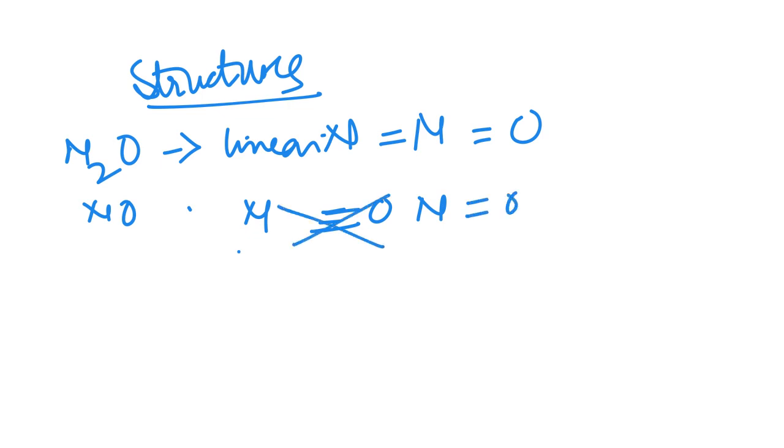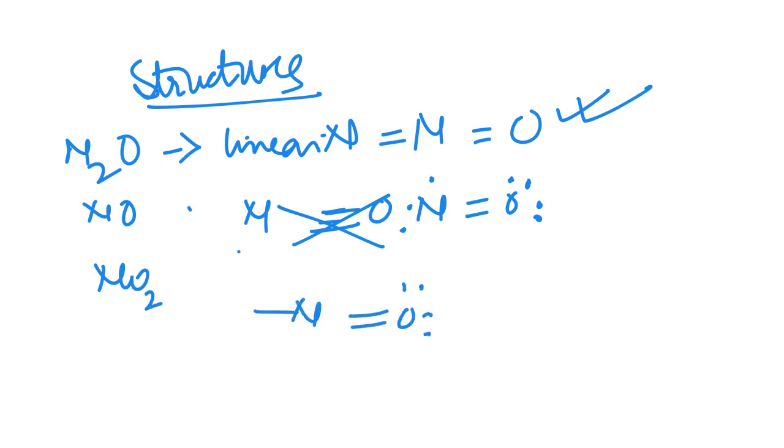So it is an odd electron species having one electron on the nitrogen atom, like this. This is the Lewis structure of NO. Then NO2: N double bond O, then single bond O with 6 electrons, that is 3 lone pairs of electrons. This will be negative.